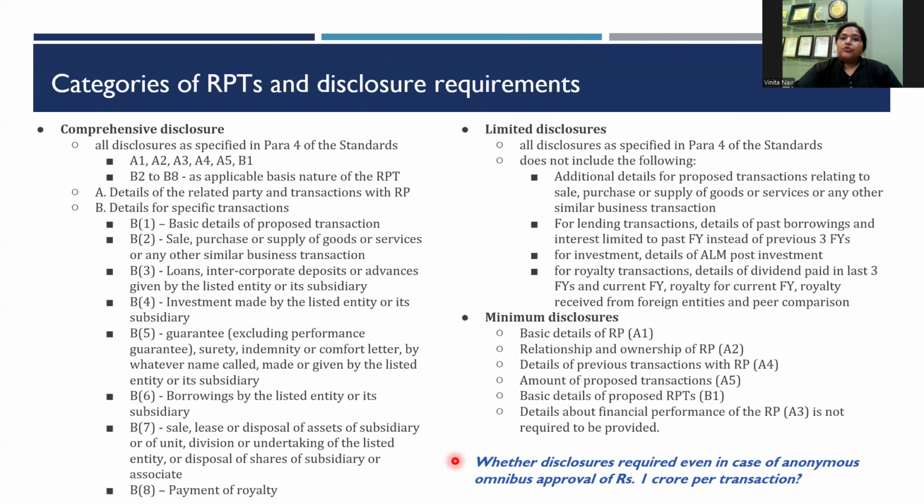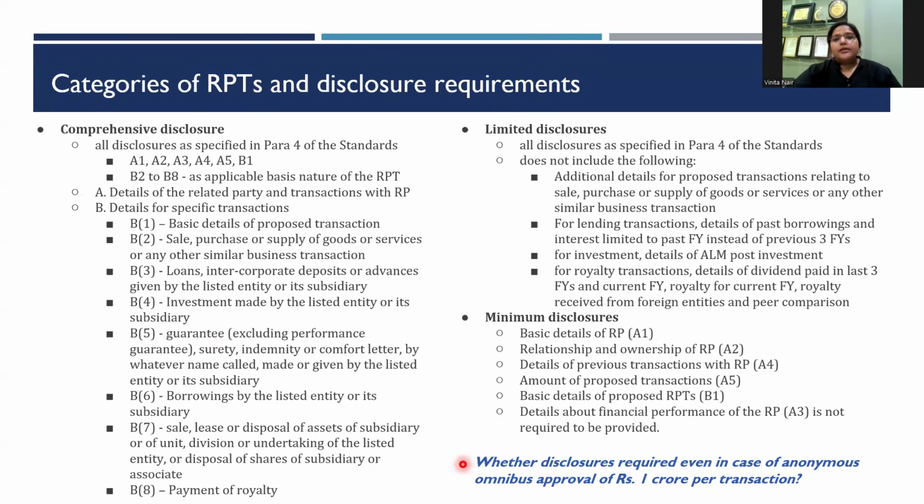Now, here comes the fourth disclosure, which we said is no disclosure. So if there is an anonymous omnibus approval, which we take in terms of the Companies Act as well as the listing regulations, that is for unforeseen transactions, where the need for the transactions cannot be foreseen and the details which are required to be given are not available, where I don't know which party, what are the terms of the transactions. In those cases, a blanket approval, or we say an anonymous omnibus approval, AOA, can be given by an audit committee subject to a maximum of 1 crore per transaction.